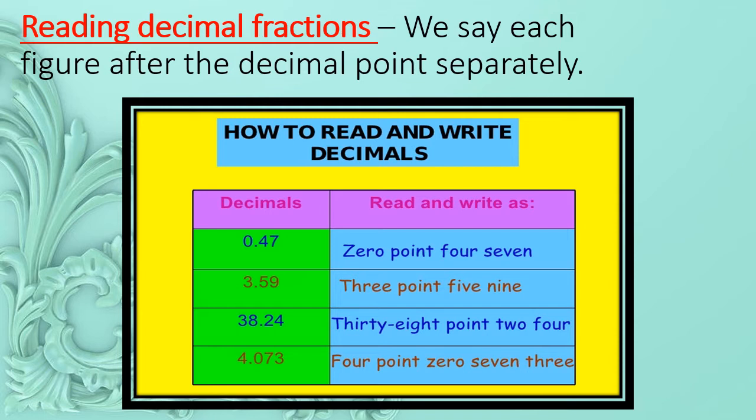So 38 is correct, but 0.24, that 24 will be said separately. And the last example, 4 point, and the part on the right side of the decimal point will be read as 073.